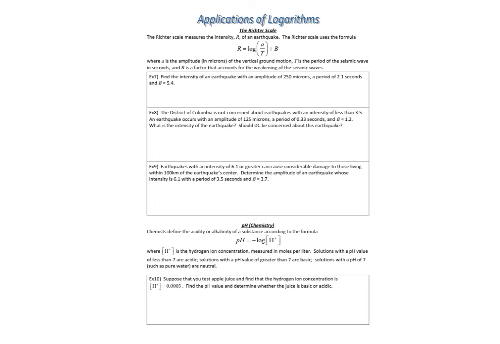But this is something that I pulled out of a textbook, and it oversimplifies, but it simplifies the idea that the way they measure earthquakes is logarithmic, which means that an earthquake that's a 2 on the Richter scale and an earthquake that's a 4 on the Richter scale, it's not that it's twice as strong, but that it's a logarithmic growth.